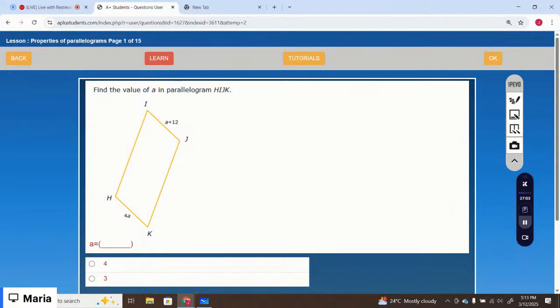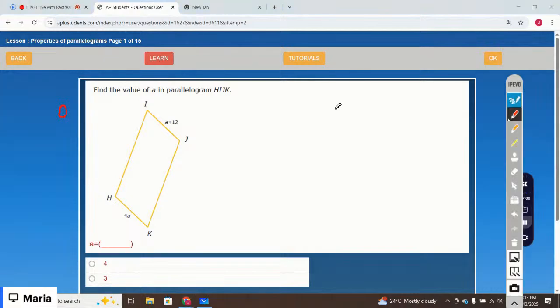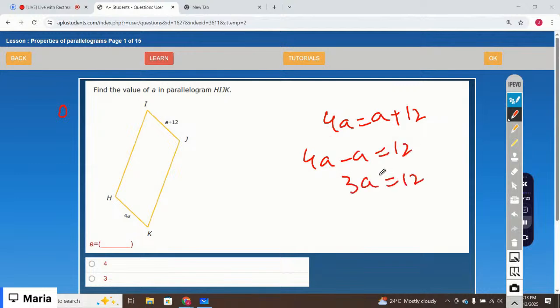Find the value of A in parallelogram HIJK. So that is 4A equals A plus 12. Let's solve it for A. 3A equals 12.